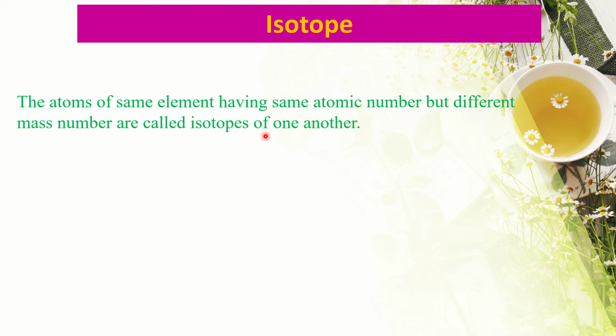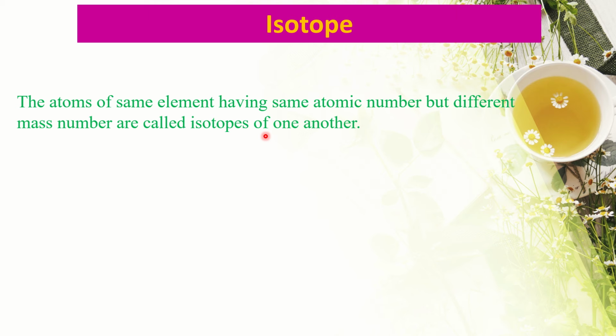For 35 mass number, chlorine atoms have 17 atomic number, that means 17 proton number, but there are 18 neutron. But for 37 mass number, chlorine atoms have 20 neutron. So for the variation of this neutron number, their mass number becomes different, and so they are isotope to one another.